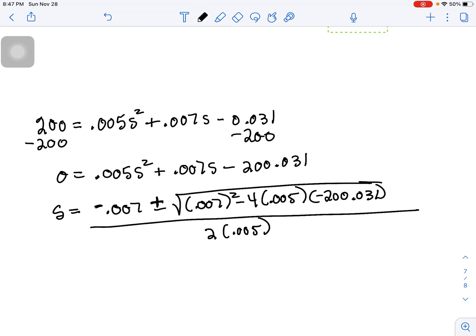And then that gets divided by 2A, and so it turns out to be 199.3. Then I'm going to put in the minus. But when I put in the minus, I'm going to have a negative in the numerator divided by a positive, which is going to give me a negative, and we don't have negative speed. So this is my final answer.